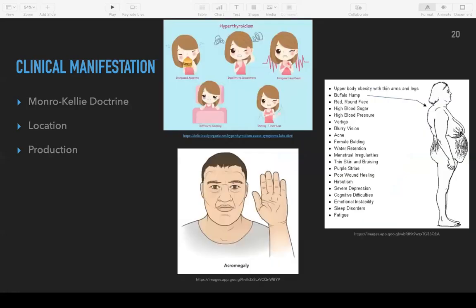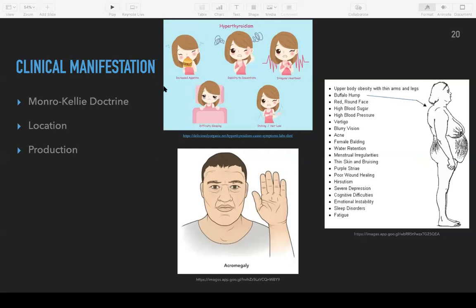The third component is production. And when I am talking about the production, mainly it is related to pituitary adenoma. Why? Because there are multiple subtypes of pituitary adenoma that can affect the pituitary gland and produce hormones.